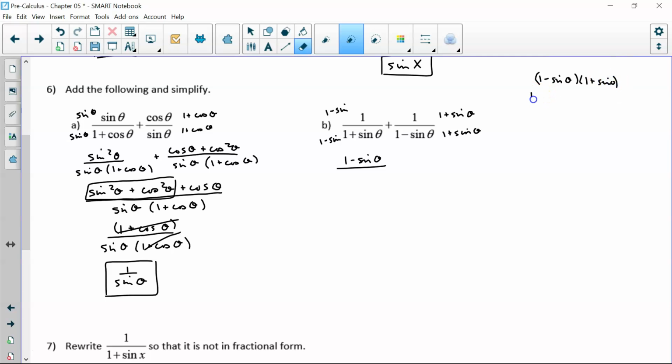So when I multiply them, I get 1 plus sine theta minus sine theta minus sine squared theta. So I end up with 1 minus sine squared theta. That's my denominator. 1 plus sine theta over 1 minus sine squared theta.